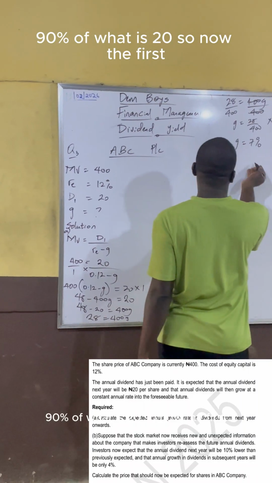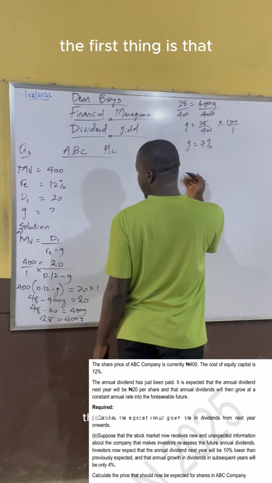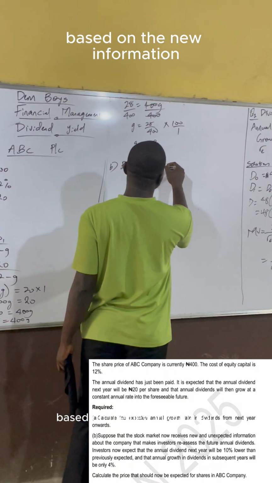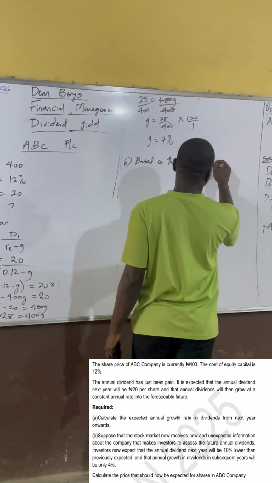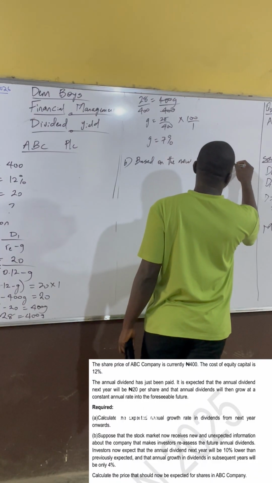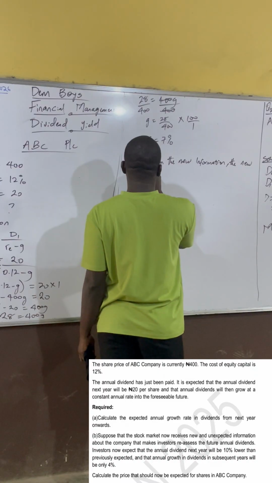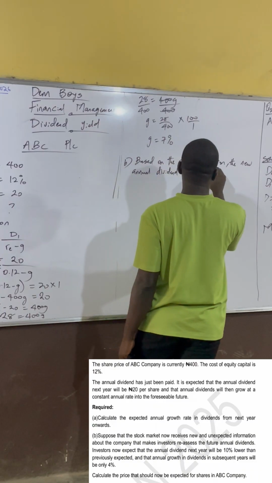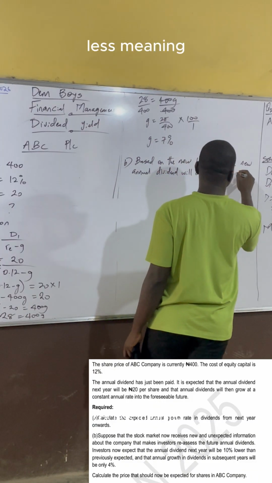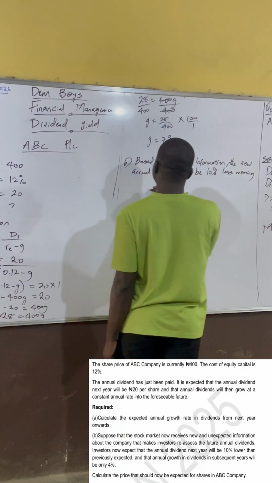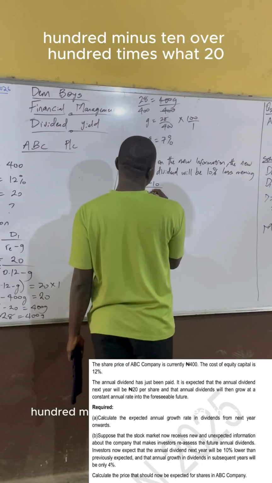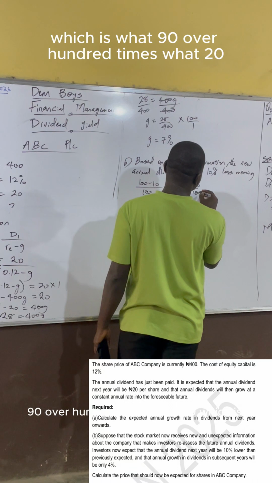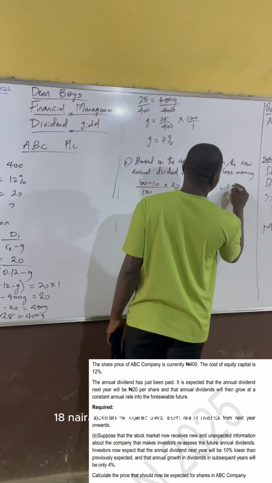So now, the first thing is that based on the new information, the new annual dividend will be 10% less, meaning 100 minus 10 over 100 times 20, which is 90 over 100 times 20, which is 18 naira.